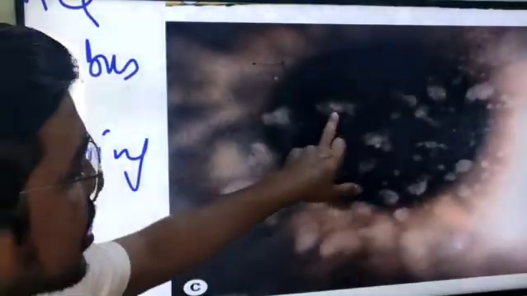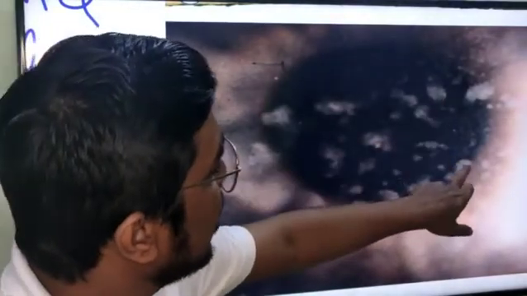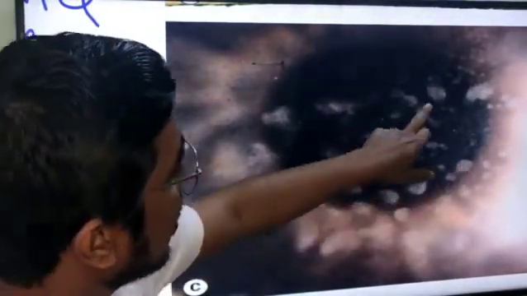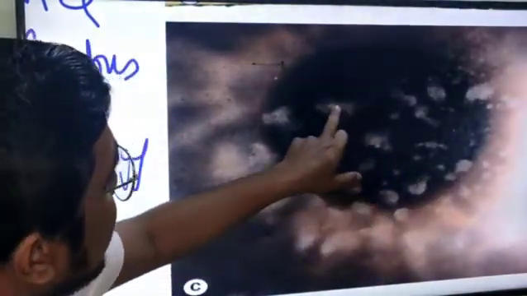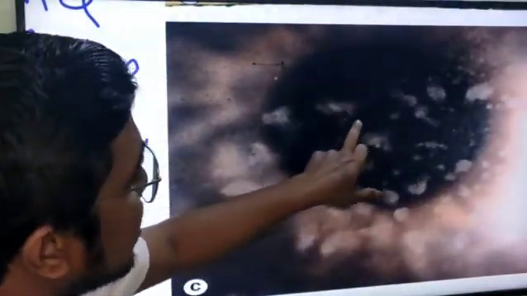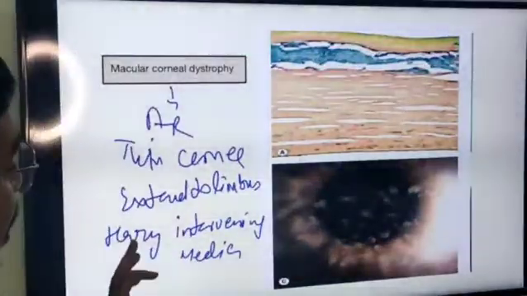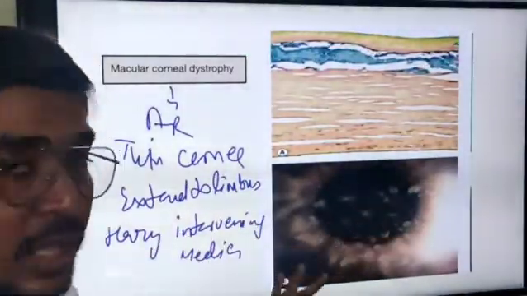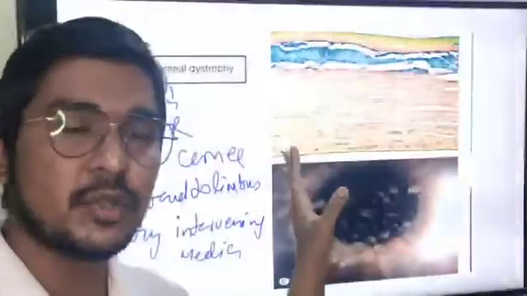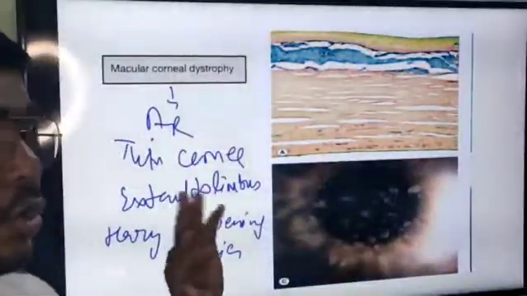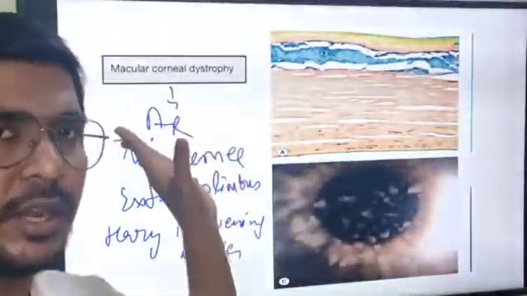But let me tell you, see here there are discrete patches, everywhere, but in between these two the intervening area is also very hazy, whereas it was quite clear in the granular. So this is the difference. Second point is that this extends to the limbus, but in granular there is no extension to the limbus. Cornea is very thinned out, while the cornea was normal in granular.